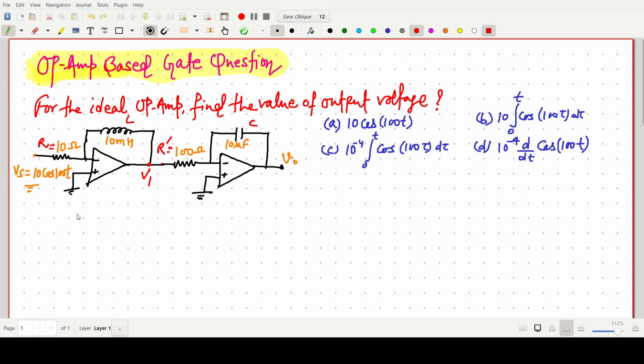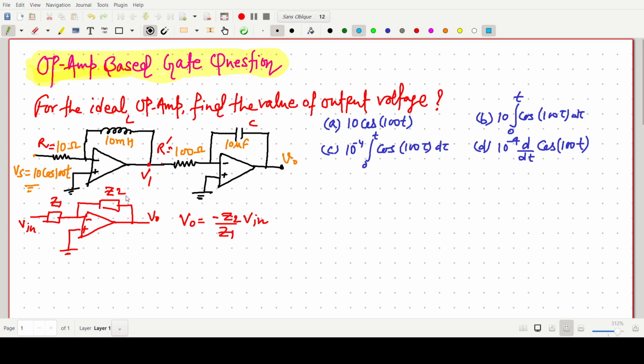Before that I just want to write one generalized formula. If this one is some impedance Z1 and Z2, so the V output is nothing but simply minus Z2 by Z1 into V in, which is basically an inverting amplifier.